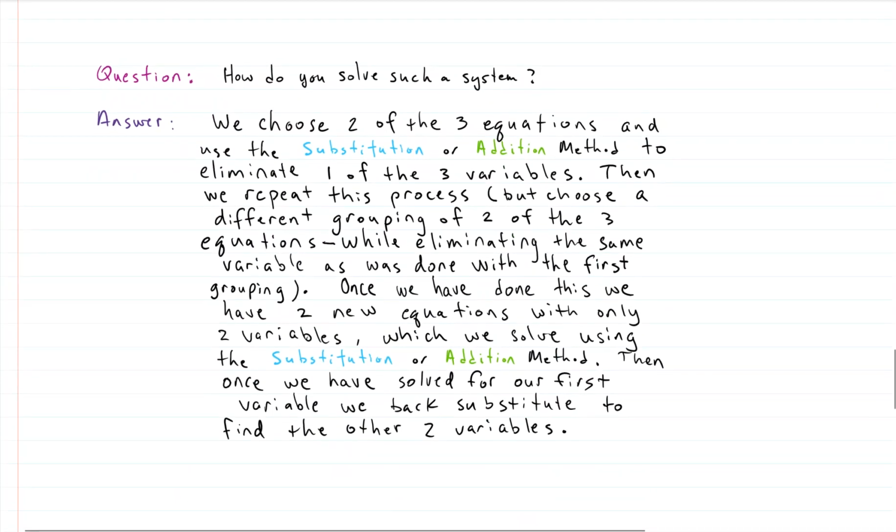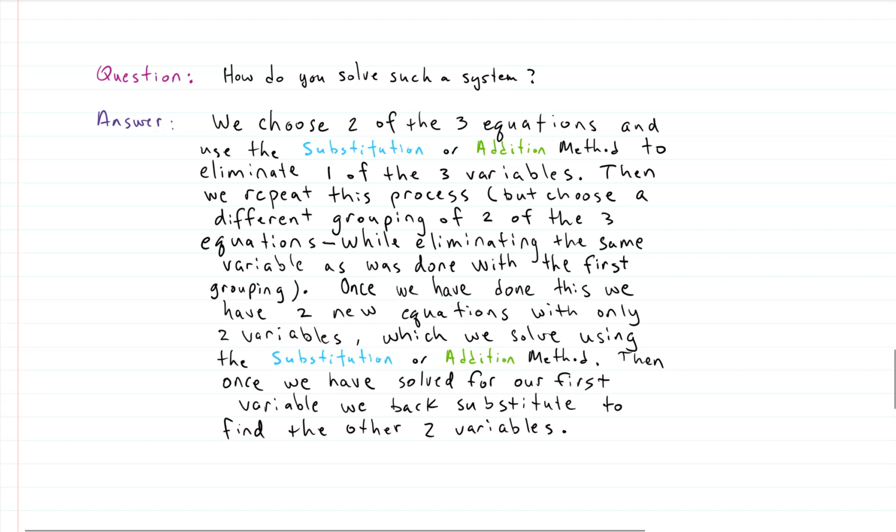So you might also ask, how do you solve these systems of linear equations in 3 variables? Well, here's a quick outline for you. You'll have 3 equations. They'll be numbered. I number them in my problems, at least, and I think it's a good idea if you do it too, because then you can identify them quickly. So we'll choose 2 of those 3 equations and use the substitution or addition method to eliminate one of the 3 variables.